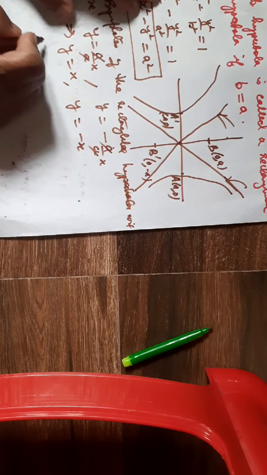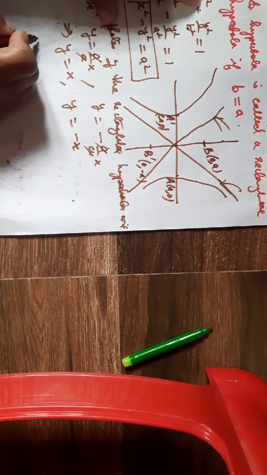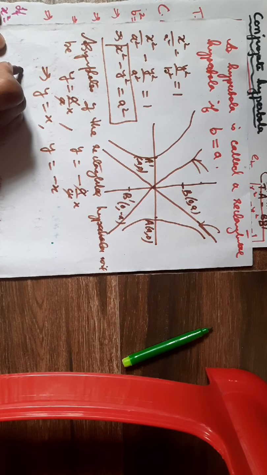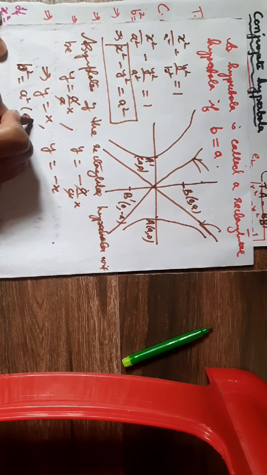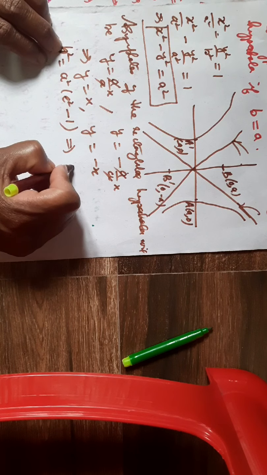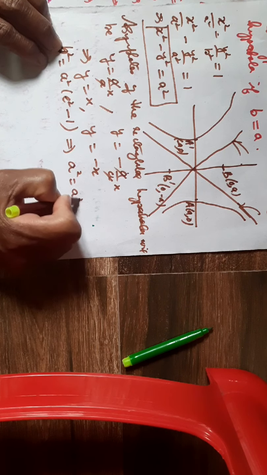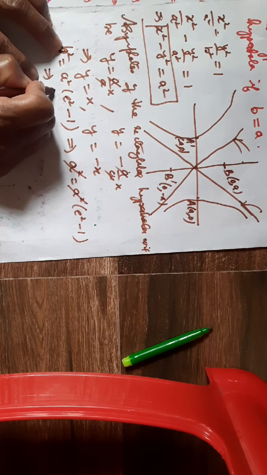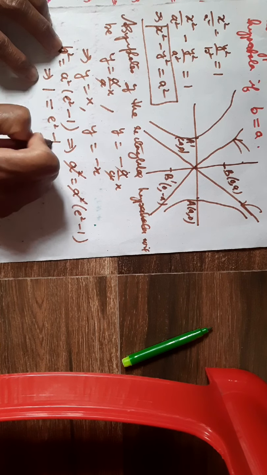And also we know that for our hyperbola x square by a square minus y square by b square is equal to 1, we have the relation b square is equal to a square into e square minus 1. So replace b by a: a square is equal to a square into e square minus 1. Now a square can be cancelled. It gives 1 is equal to e square minus 1.